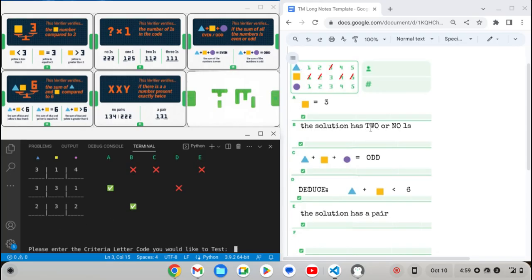So the solution has no ones. Okay, so I'm going to cross out the ones. And again, I don't see how the sum could be greater than 6. So I'm going to say that the solution is 232.